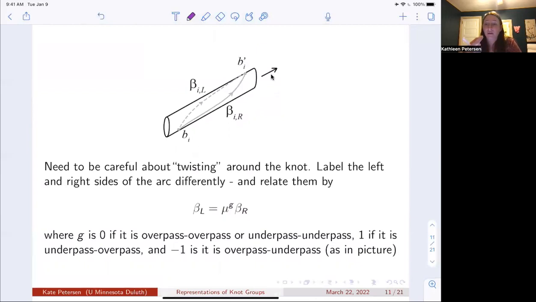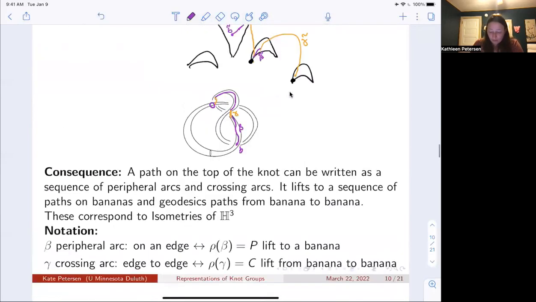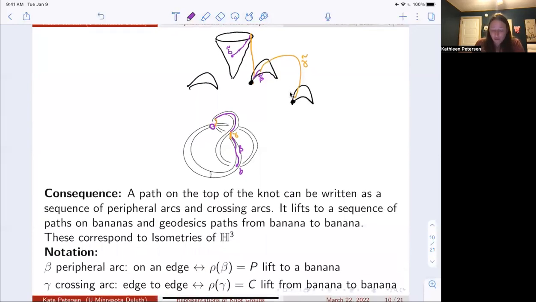The first thing we need to be careful about when I tell you that I'm constructing a path using peripheral pieces and crossing pieces is that we have to take some care with the peripheral pieces. So if you imagine this little bit of my thickened knot, I should have mentioned up here that in order to control the chaos, whenever I do the series of peripheral arcs and crossing arcs, starting at my base point B, whenever I see a crossing, I'm going to stop at a point directly below the crossing.